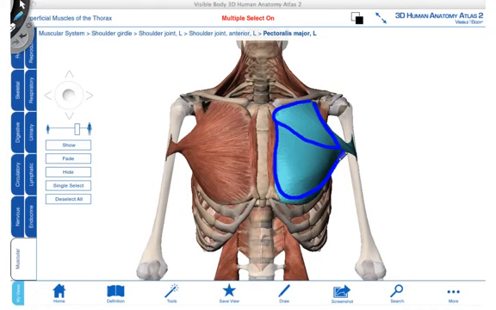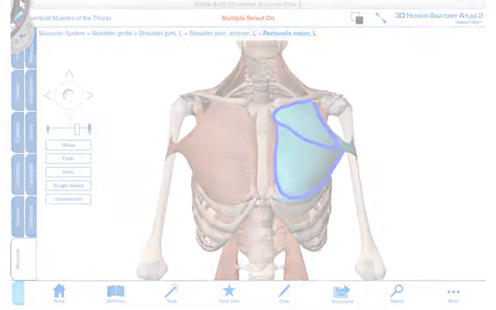So in this animation here, it's showing the humerus in anatomical position, but if you imagine the humerus in flexion, and then when we pull the humerus back down into anatomical position, this sternocostal head is responsible for producing that movement. Pectoralis major is innervated by 2 nerves, the lateral and medial pectoral nerves.